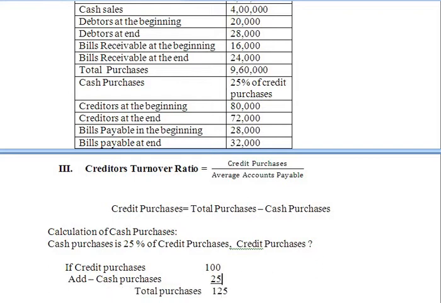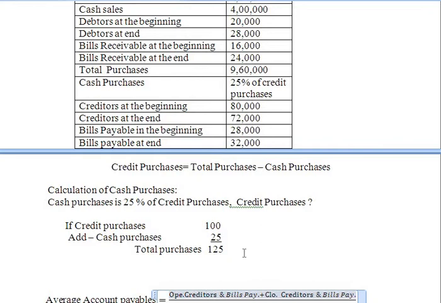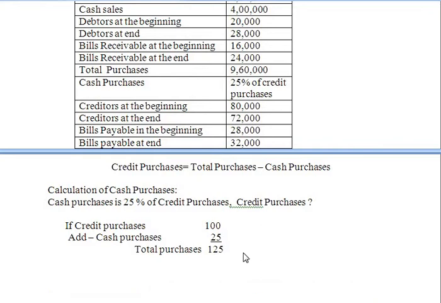Now this is the percentage of total purchases, but we know the amount of total purchases, right? They have given it in the problem. How much is the amount of total purchases? It is 9,60,000. So with a simple mathematical calculation we can find out the amount of credit purchases.